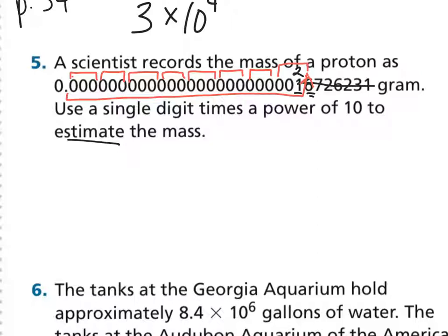Maybe counting by 5s would be easier to keep track of for future reference. But anyway, that would be 2 times 10, and we moved it 24 places. The question is, is it 2 times 10 to the 24th or 2 times 10 to the negative 24th? And it would be to the negative 24th. Remember, small numbers are going to have negative exponents, for numbers less than 1. Big numbers are going to have big exponents. They're going to have positive exponents.